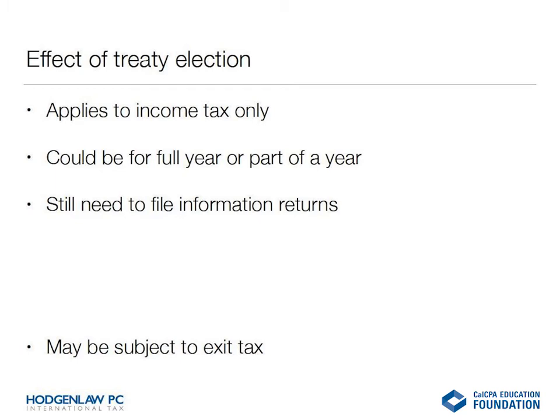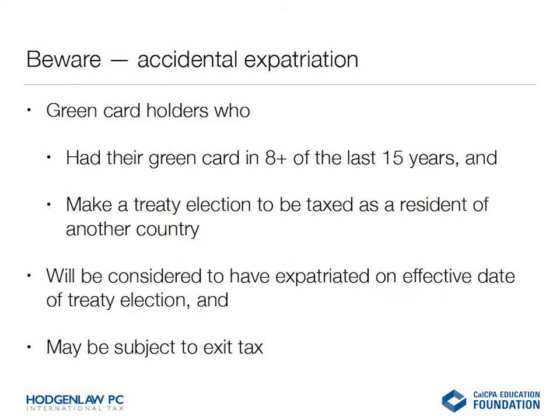And then one last thing I wanted to mention when we're talking about treaty elections is a situation where you might actually accidentally expatriate. So this could happen if there are green card holders who had their green card in 8 or more of the last 15 years, and they make a treaty election to be taxed as a resident of another country.